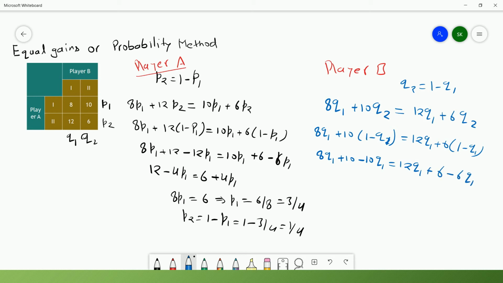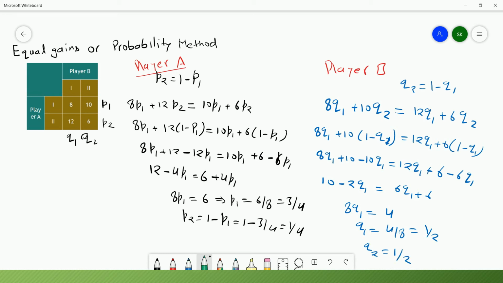Here we will get 10 minus 2Q1 and 6Q1 plus 6. So from this equation I will get 8Q1 equal to 4. So Q1 will be equal to 4 by 8, that means 1 by 2. So if Q1 is 1 by 2, then Q2 will be 1 by 2.